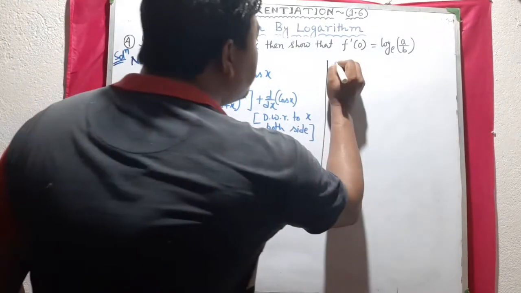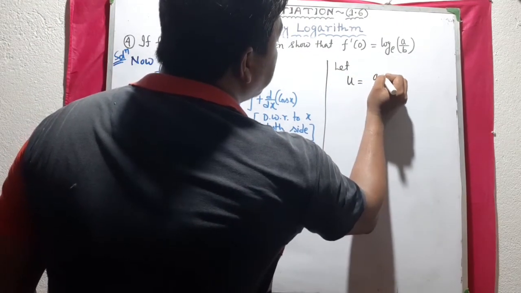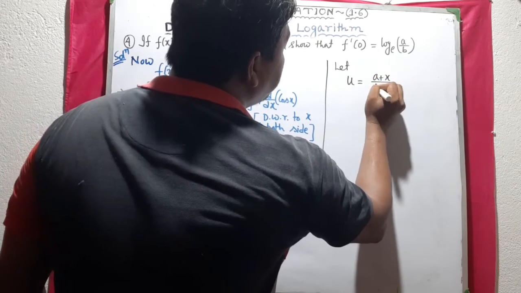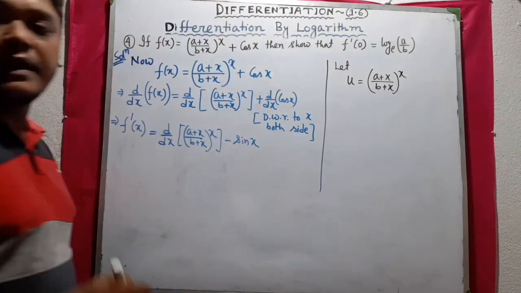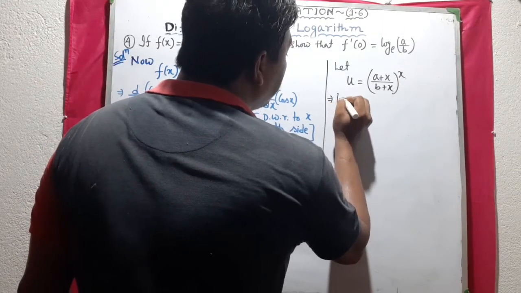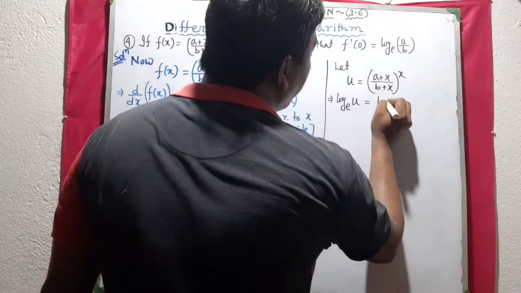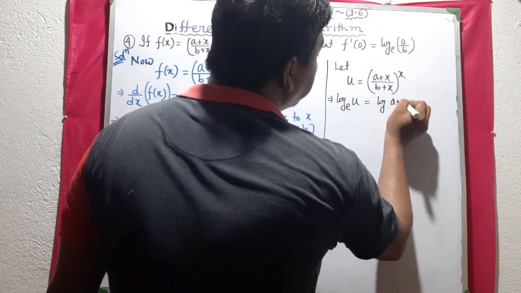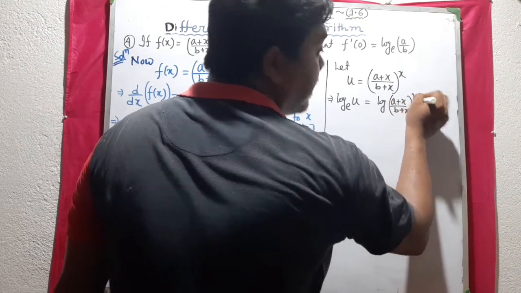So let u equal (a plus x by b plus x) whole to the power x. Now taking logarithm both sides, we will get log base e u equals log base e of (a plus x by b plus x) whole to the power x.